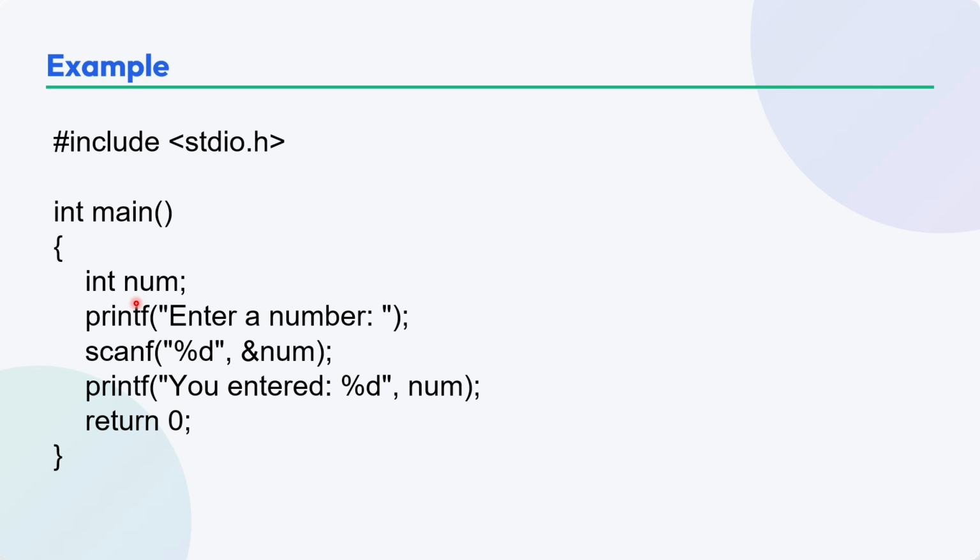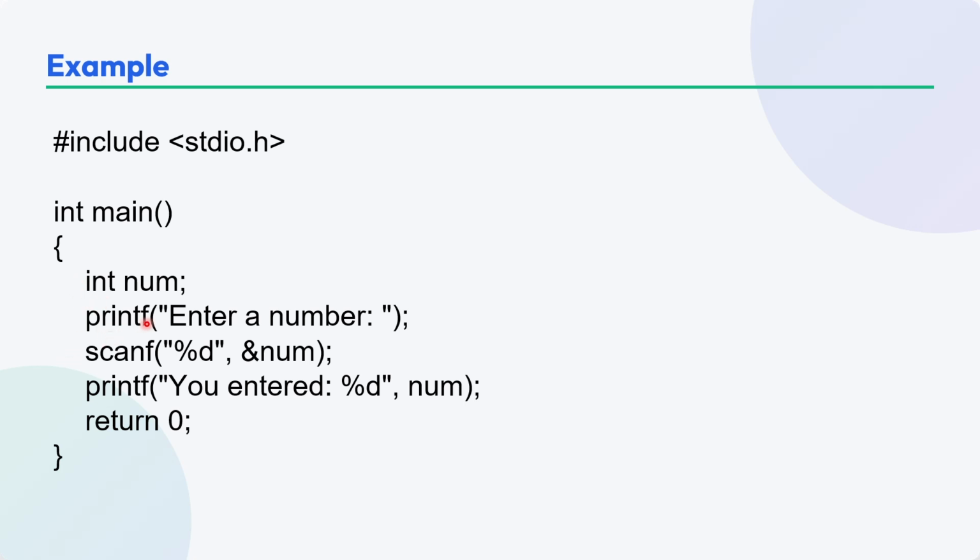This example you will understand more when you learn about variables, constants, operators, different types of operators, and different data types, primitive data types. So now you just see how a simple C code is written, where first the number variable is defined or initialized with the integer data type.